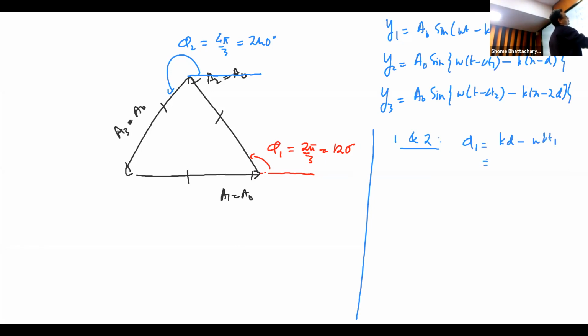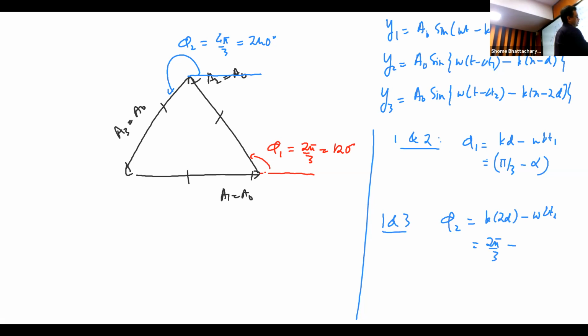So that was pi by 3 minus alpha. Similarly, the phase difference between 1 and 3 was k into 2d minus omega delta t2. So that was 2 pi by 3 minus beta, let's say.